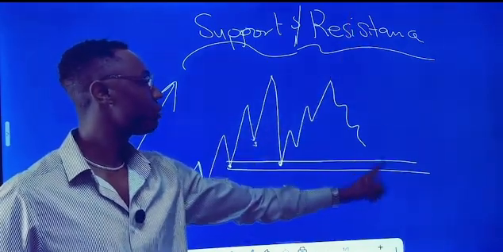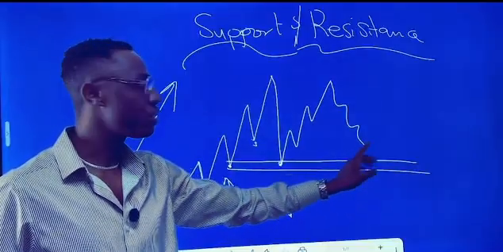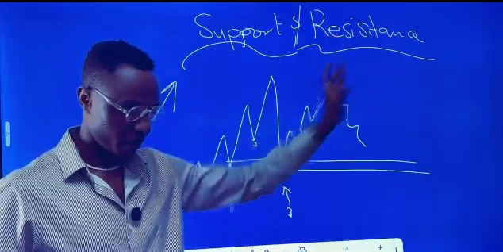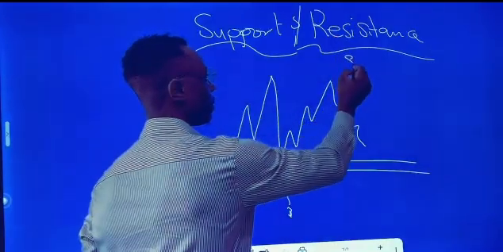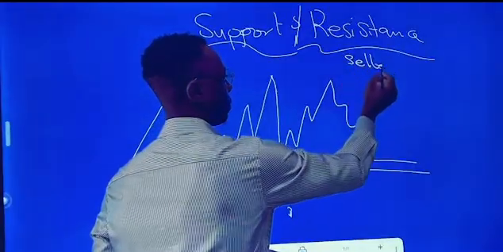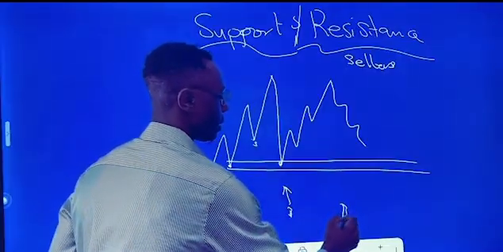So if the market has the ability to push the price up, what do you do? You buy from here. When you buy, that means you anticipate that the price should move up. We have the resistance at the top, sellers at the top of the chart, and buyers at the bottom of the chart.